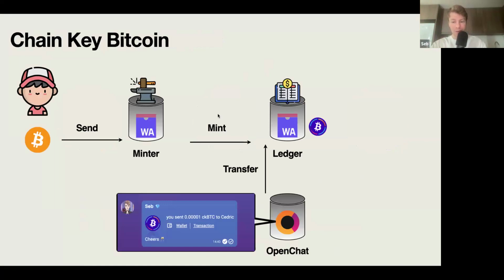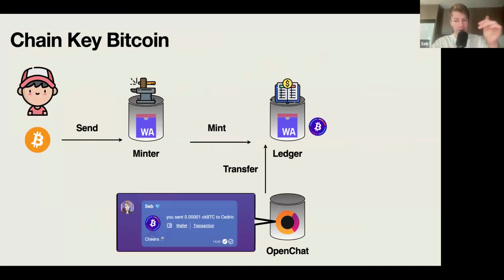It works with canisters. The good thing is that, contrary to traditional bridges, you don't need any third parties. So you don't put your trust into the hands of a few companies, but you put your trust into the ICP protocol, and especially into canisters. There is one minter canister and one ledger canister.